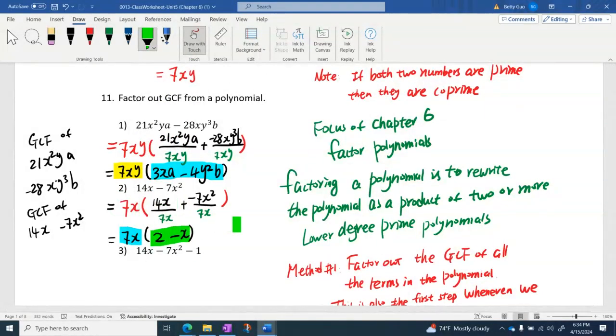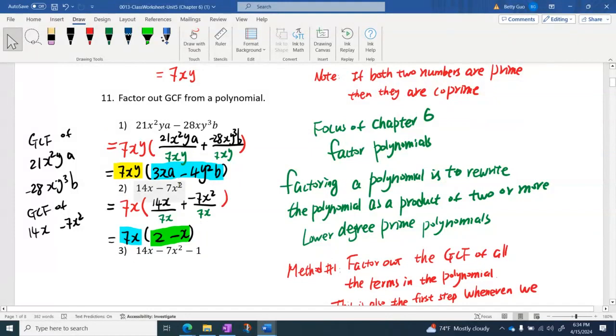Original binomial is 14x minus 7x squared. We rewrote that binomial as a multiplication of the blue polynomial and the green polynomial. And the blue polynomial, a monomial, is prime. And the green polynomial is a binomial. It is also prime. 2 minus x, there's nothing we can do to factor that.